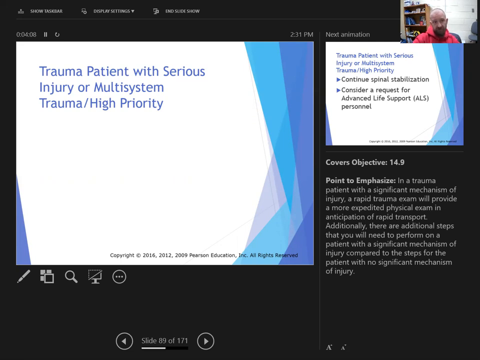Now let's talk about trauma patients with serious injury, multi-system trauma, or a very high priority patient. Just to make sure we're clear, multi-system trauma patients have injuries to multiple parts of their body. So there are multiple organs possibly being injured.